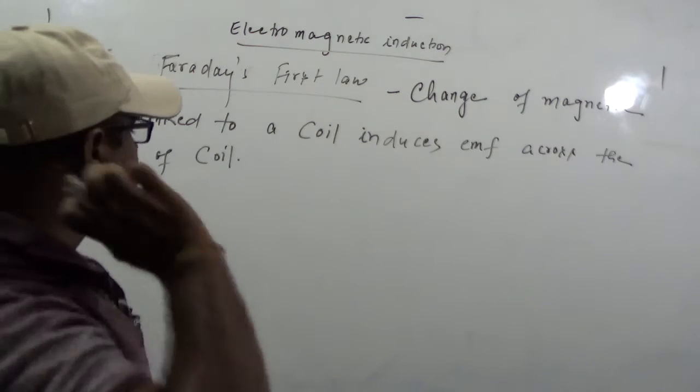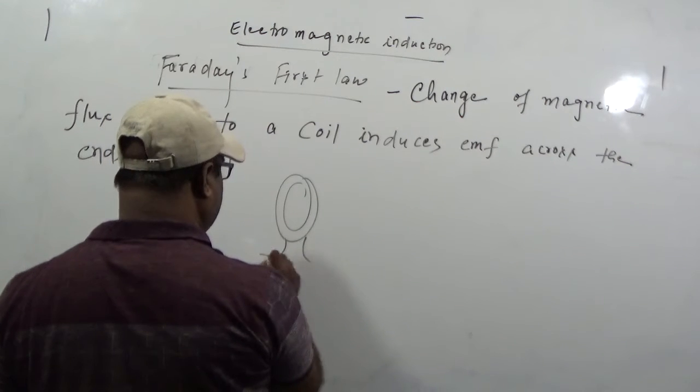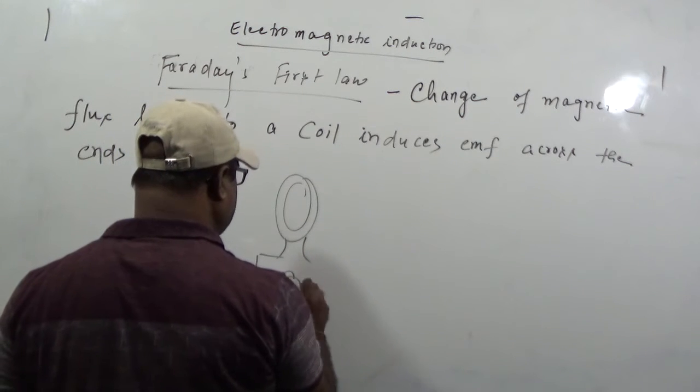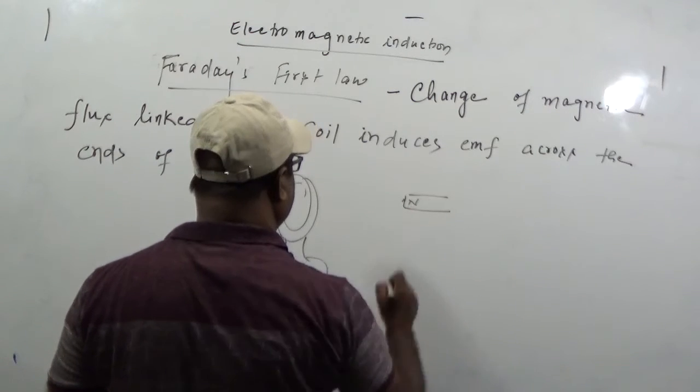We had seen in the last class there was a coil. The coil had been connected with the galvanometer, and here it was the magnet.